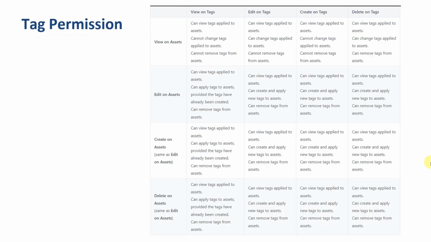Okay. Now, when I talk about the permission, there is this page which shows what would be the permissions that are available. So view, edit, create, delete on assets. So if you are working as admin, you need to know which user can have what kind of access or how you can restrict people.